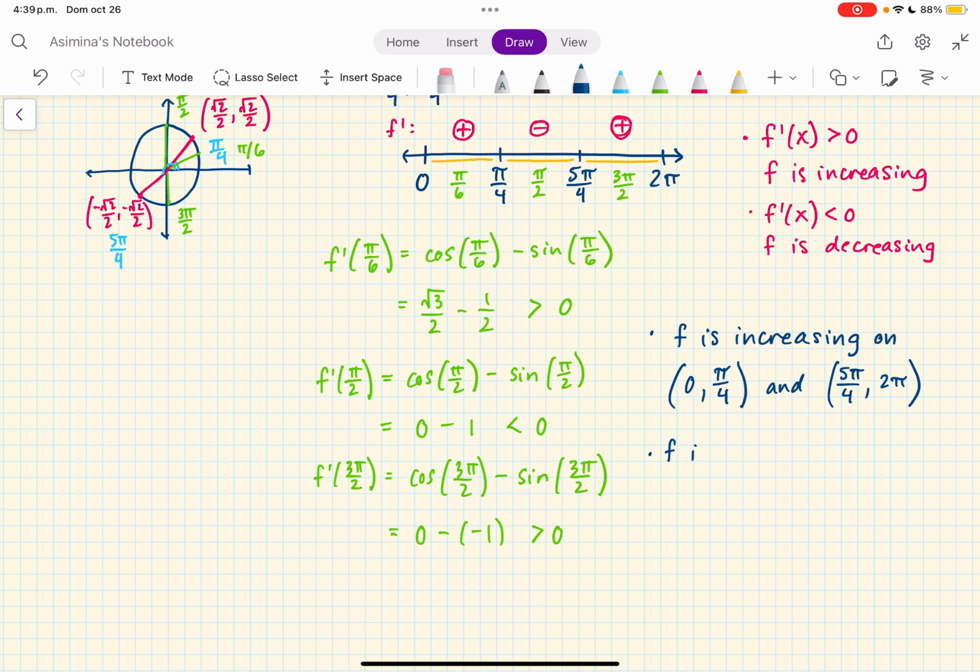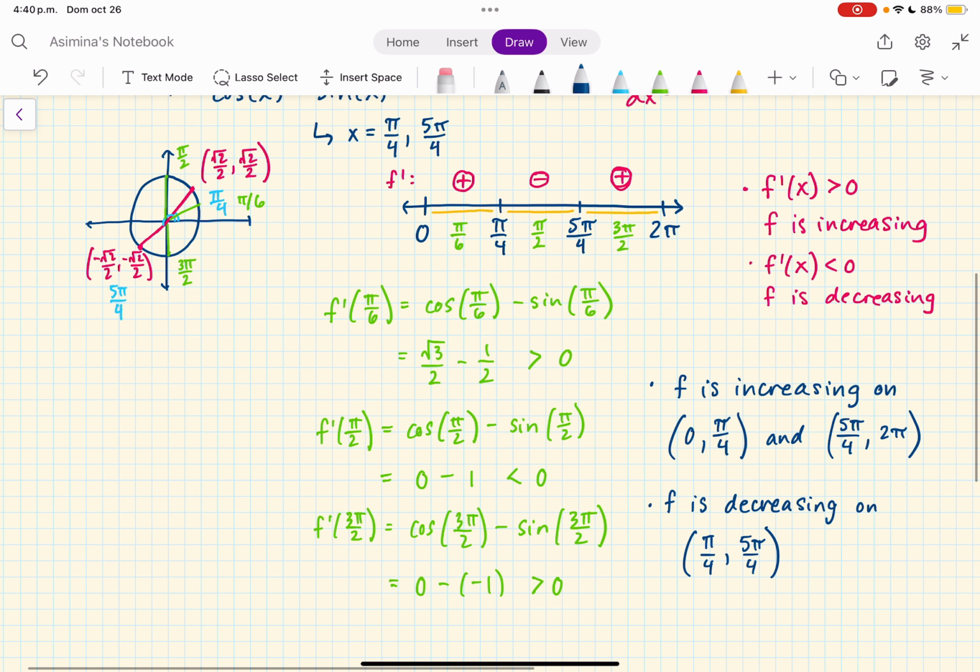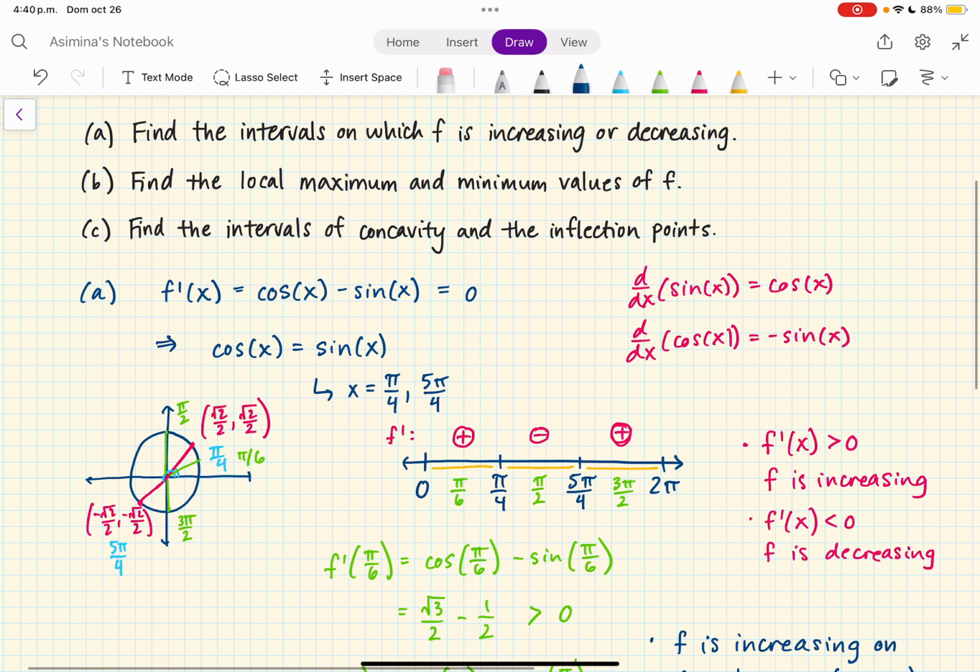Well, f is decreasing on the middle interval where f prime is negative. So that's going to be from pi over 4 to 5 pi over 4. Great, so this answers part A. So we found the intervals on which f is increasing or decreasing.